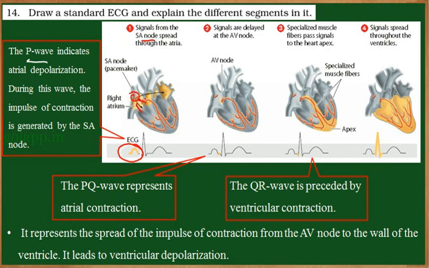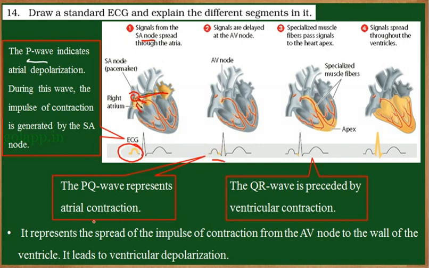Here we can see it is spreading to the upper chambers, that is the right auricle and left auricle. Once it spreads to the upper chambers, it causes them to depolarize. That means it causes them to contract, and this contraction is represented by the PQ wave.